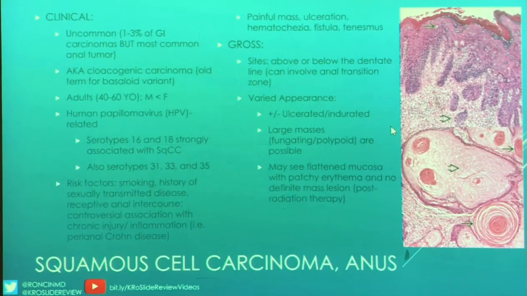Flat mucosa with patchy erythema and no definite mass is often what you see when you're looking at post-radiation therapy. They've tried to get rid of the lesion as much as they can before surgery. The reason they do that is because it makes it easier to resect, and sometimes it can even take patients who were previously unresectable to a resectable point. So that's why they'll do radiation ahead of time.